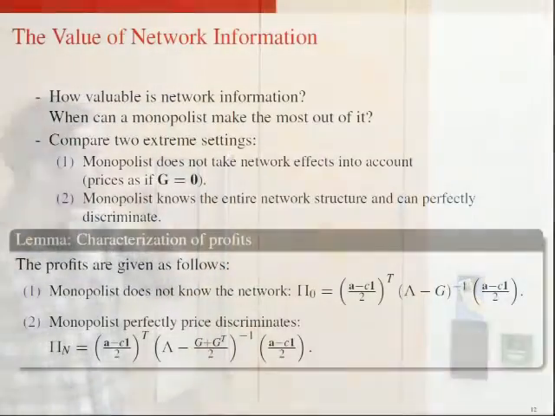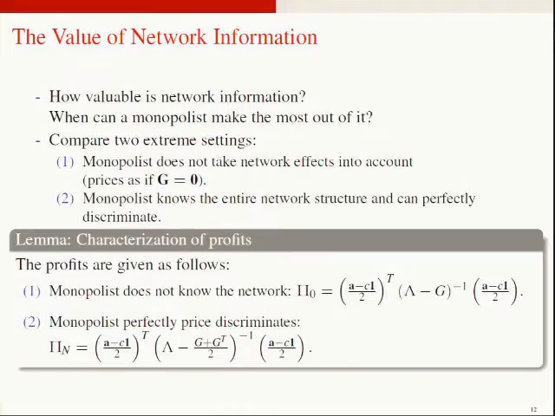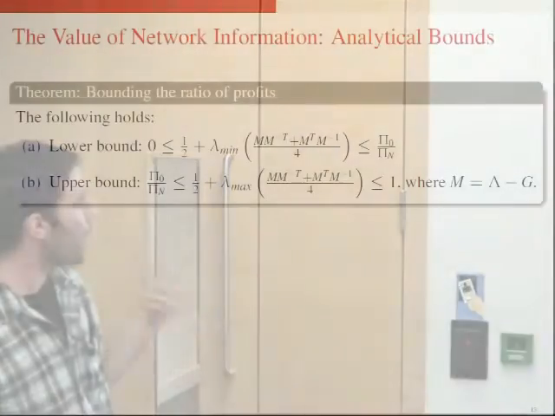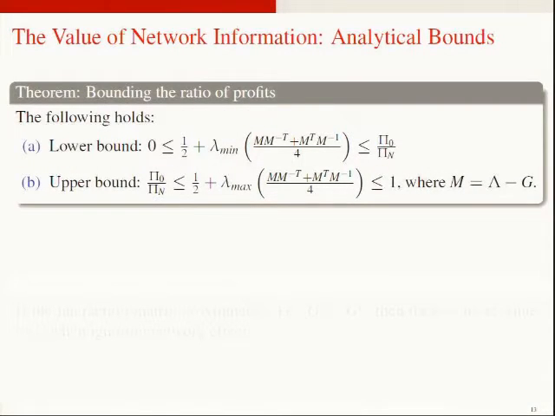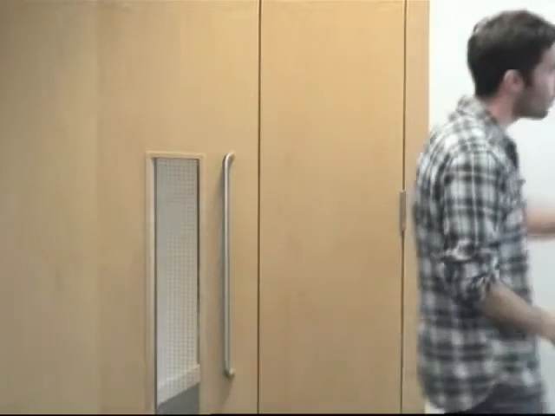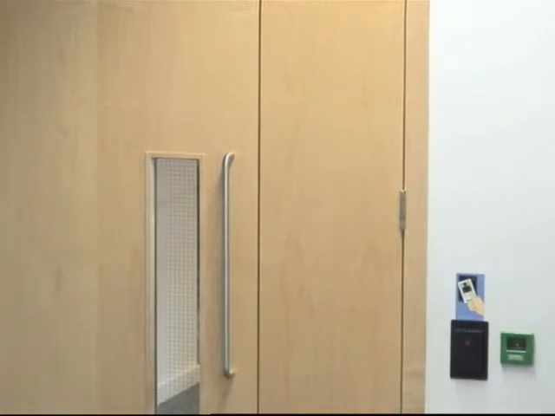Okay? So this lemma simply characterizes the profits in the two settings in closed form. And the main result in this section is actually providing both a lower and an upper bound on the ratio of the two profits, that pretty much depends on the minimum and the maximum eigenvalue of a matrix that is related to the interaction matrix of the agents. Okay?